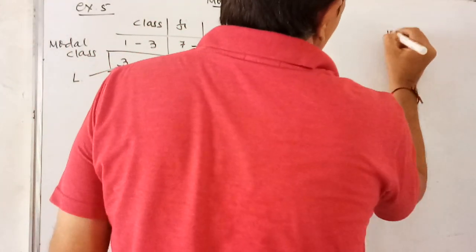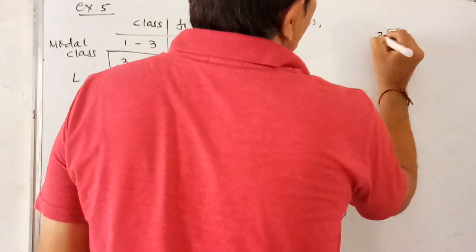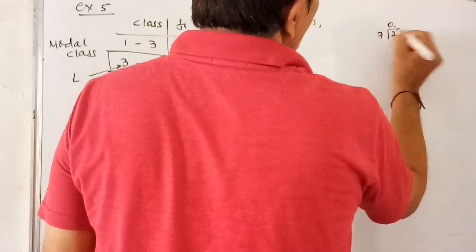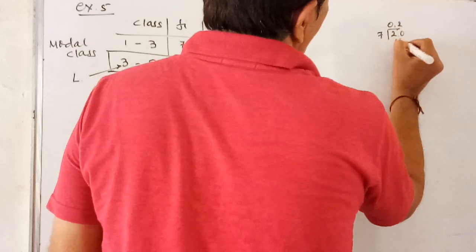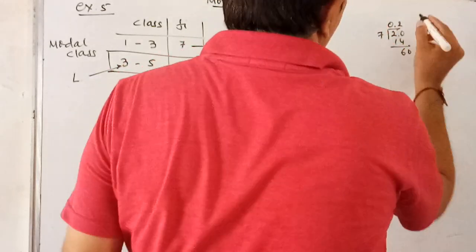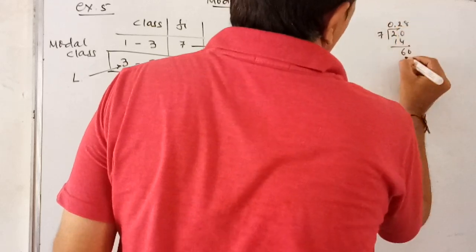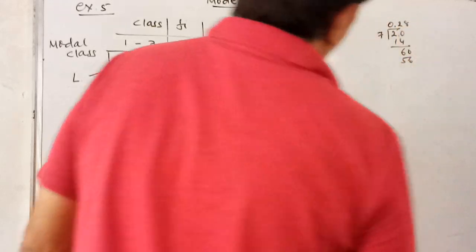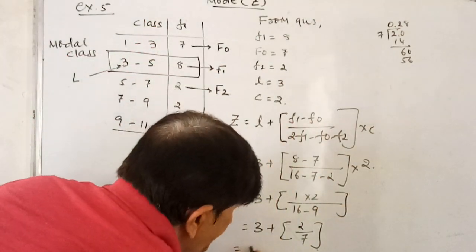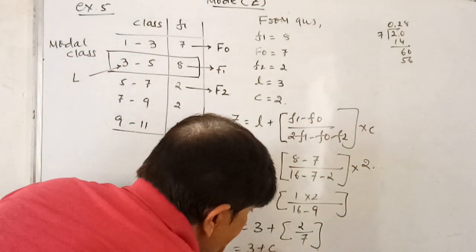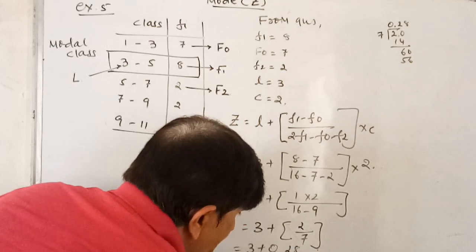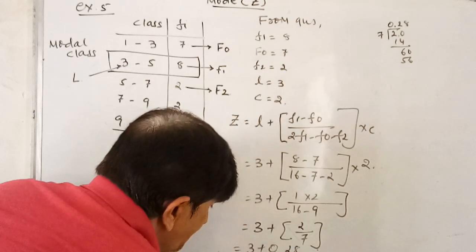First of all you have to simplify 2 by 7, 0 point. So approximately it is 0.28. So it is 3 plus 0.28. So the answer is 3.28. So this is your mode.